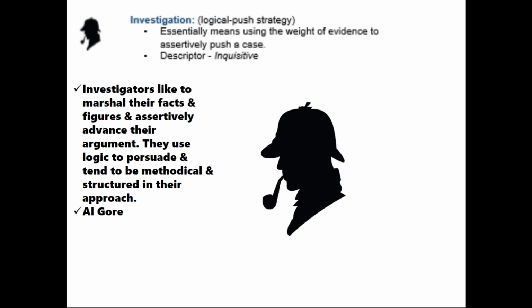They use logic to persuade other people and tend to be quite methodical and structured in their approach. So normally people who have a high preference in this area are quite good at debating. So they're good at refuting other people's arguments and good at advancing their own. And the best example of those 4 characters I showed you earlier on is Al Gore.